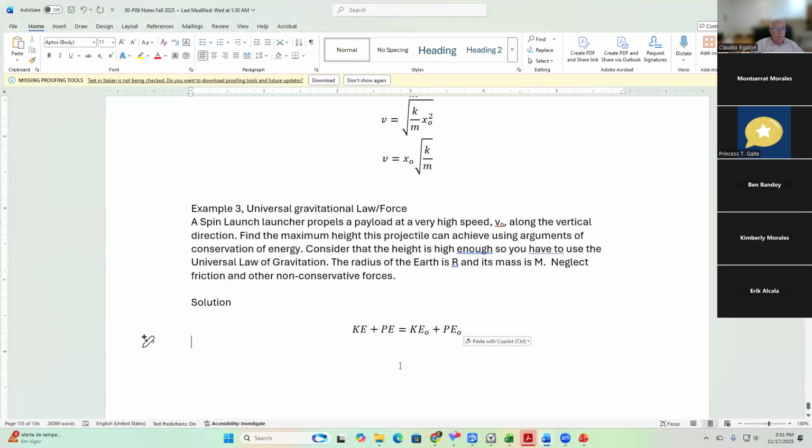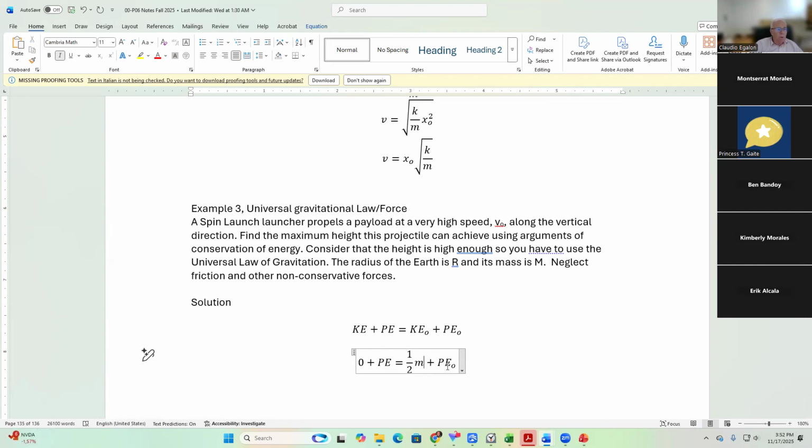Initial potential energy plus initial kinetic energy is equal to final kinetic energy plus final potential energy. We already know that the final kinetic energy is going to be 0. But we want to use the initial kinetic energy.